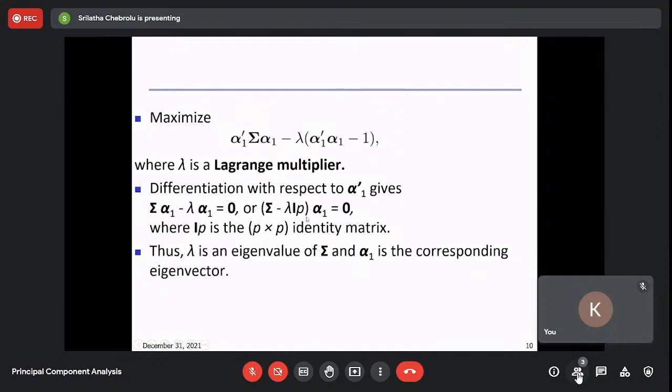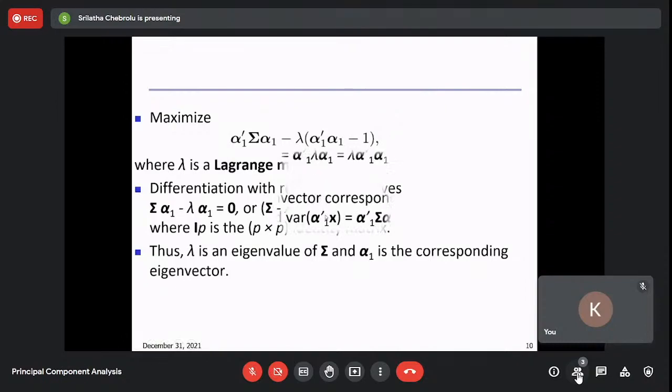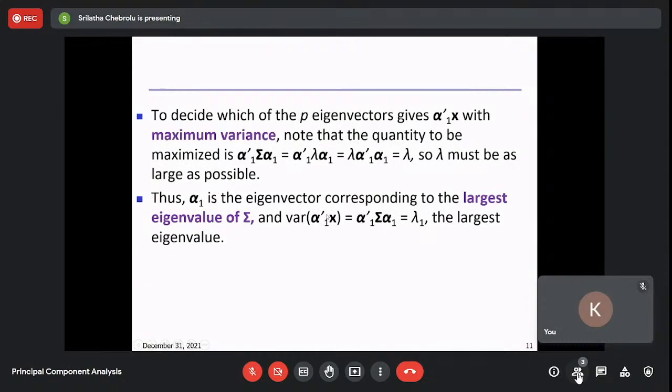When the problem takes this form, lambda will be the eigenvalue of this covariance matrix, and alpha 1 will be the eigenvector. We are saying that lambda 1 is the largest eigenvalue of sigma, because our objective is to find the maximum variance.